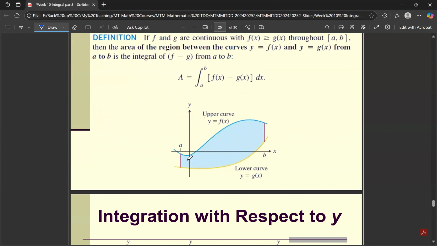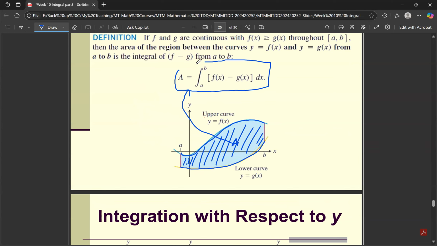If we have two curves, this is the first curve and this is the second curve, and we have the area between these curves like this. This area can be calculated by using this formula.